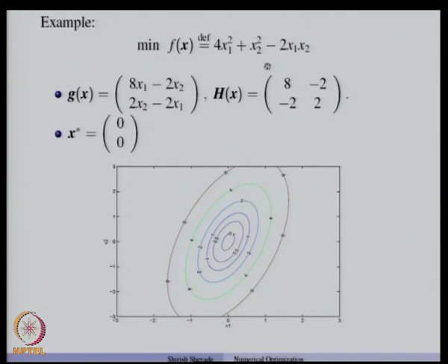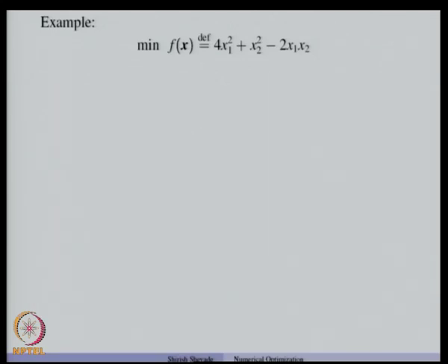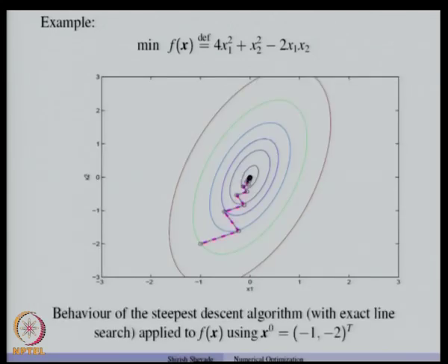Now, let us apply the steepest descent algorithm to this objective function with exact line search. Now, if we start from this point whose x coordinate is -1 and y coordinate is -2, and if we apply exact line search, the first point that we reach from this initial point is this point, and then we move along this direction and so on and so forth.